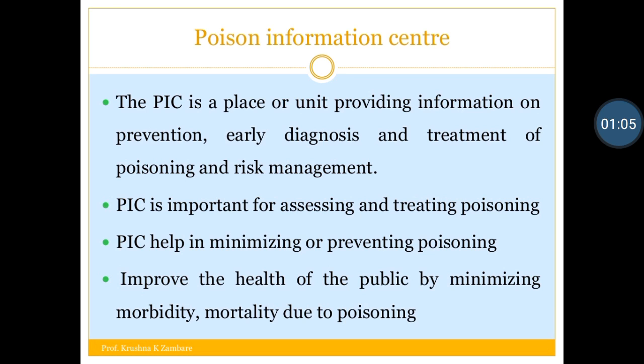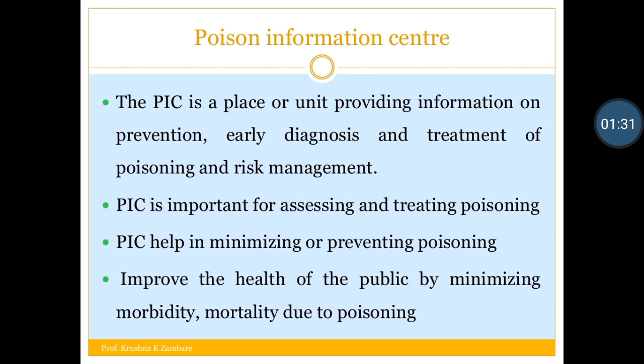Then the poison information center is important for assessing and treating poisoning. You have to assess the condition of the patient, which may be mild, moderate or severe. This type of condition should be assessed, which is very important, and by this we can give the appropriate treatment for poisoning cases.